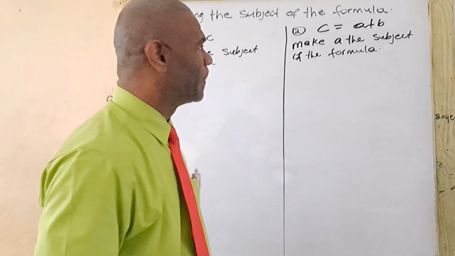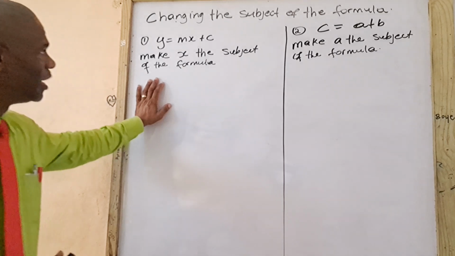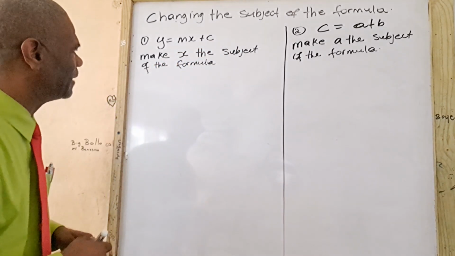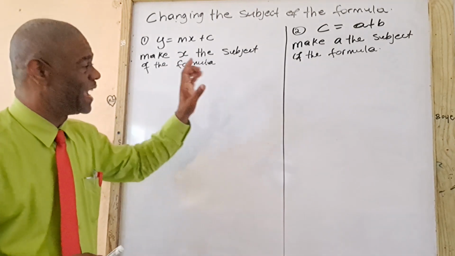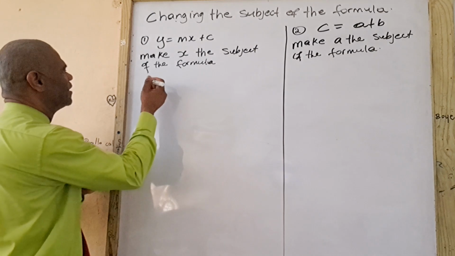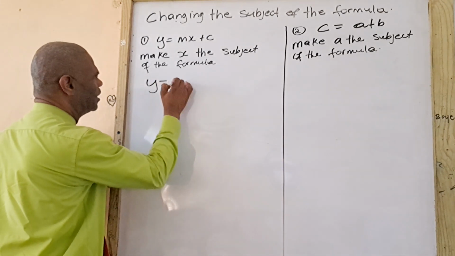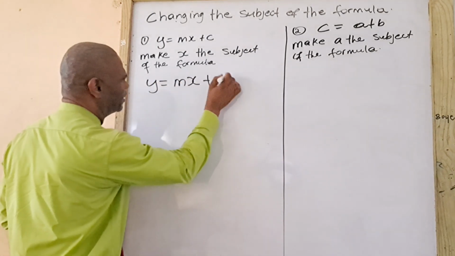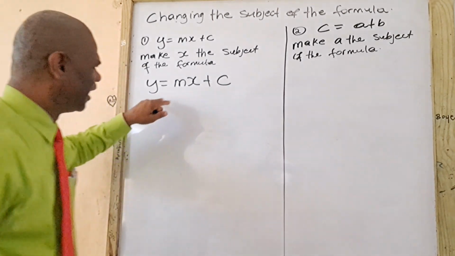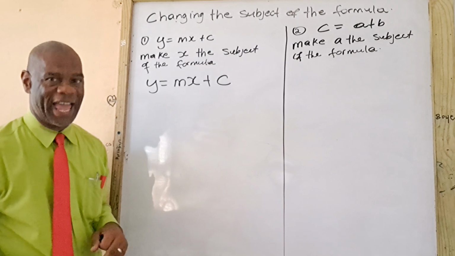So let's go. We have y equals m times x plus c, and we're asked to make x the subject of the formula. I'm going to rewrite the equation: y equals m times x plus c. Notice that this is the general formula for the equation of a line.